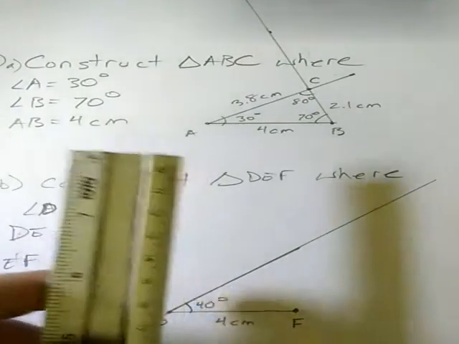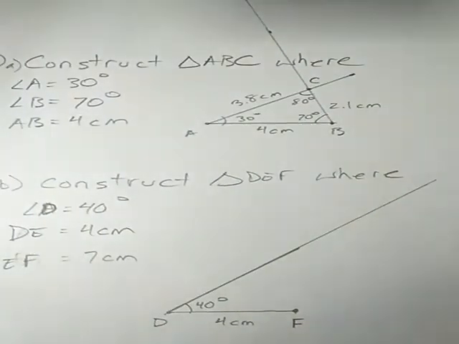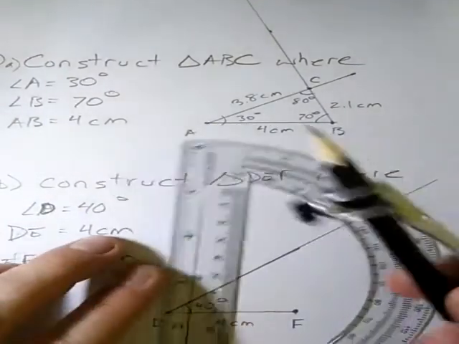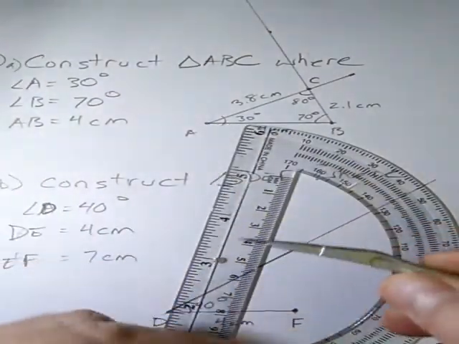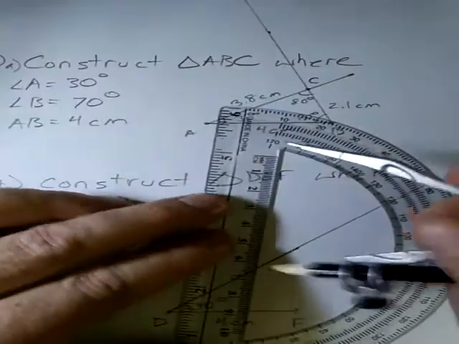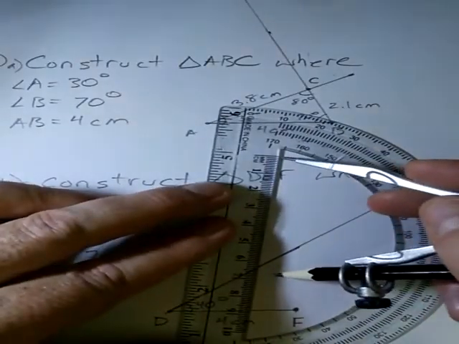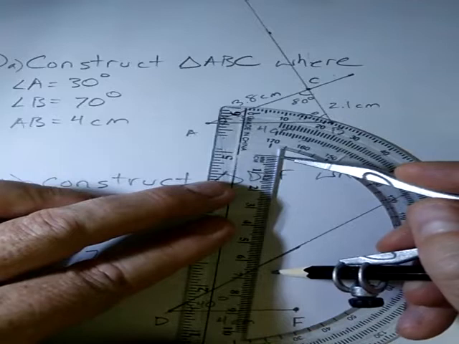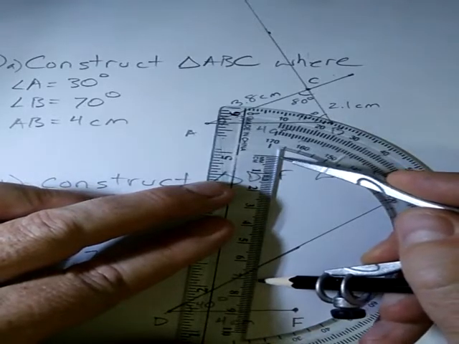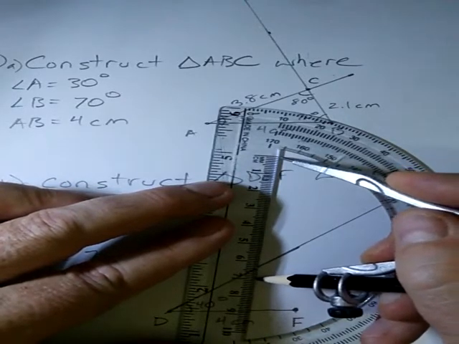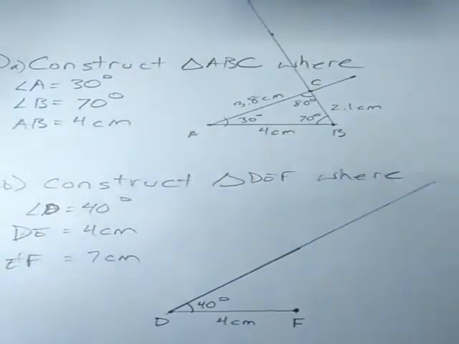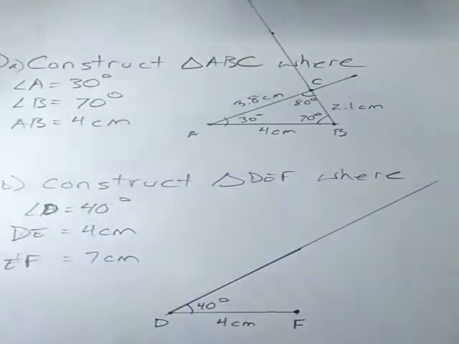So I'm going to continue using my protractor, and I want to set my compass to 7 centimeters. So very carefully, I'm going to put the pin at 0 and open it until the middle of the pencil lead is at 7. To the best I can see, that is 7 centimeters. So now my compass is set to 7 centimeters.